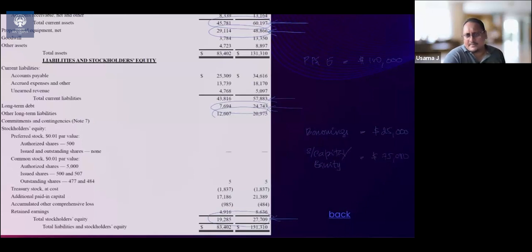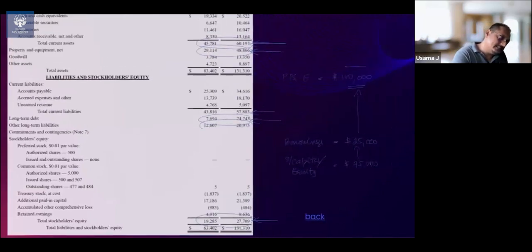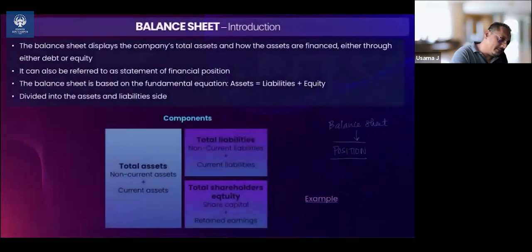I'm taking a perfect situation. Now you can see how I have financed this $100,000 of property, plant, and equipment: 25% via debt and 75% via equity. And that, guys, is that statement over there, which tells us the balance sheet displays the company's total assets and how the assets have been financed, either through debt or through equity.